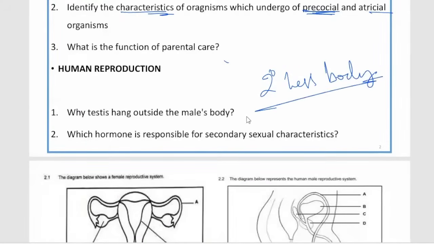So what does that mean? It means that when it is too cold, the sperms have to get a little bit higher temperature. When it is too hot, they are released. So they hang outside to provide the optimum temperature for sperm production.